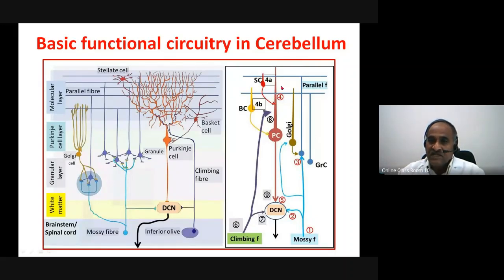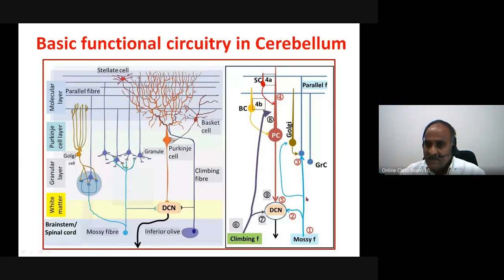Then one major circuit is that the Purkinje cells receive indirect input from the mossy fibers. When an action begins, the mossy fiber sends impulses to the deep cerebellar nuclei, and the deep cerebellar nuclei send excitatory outputs to the various parts.